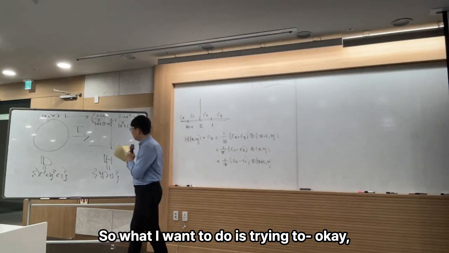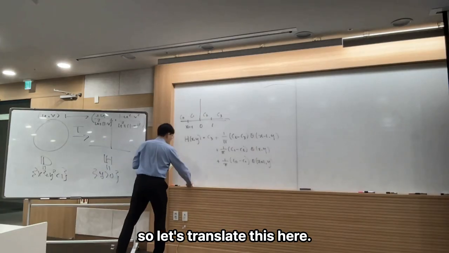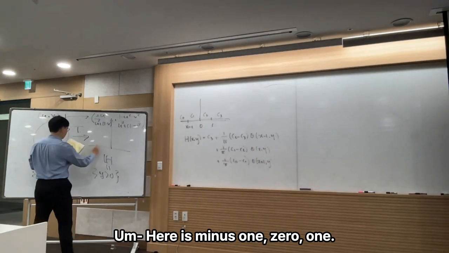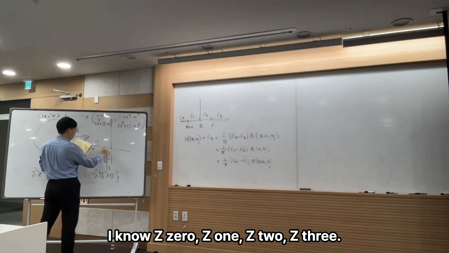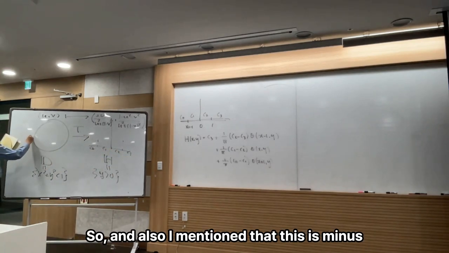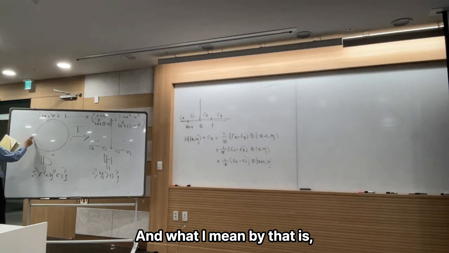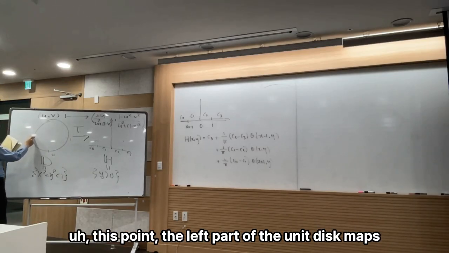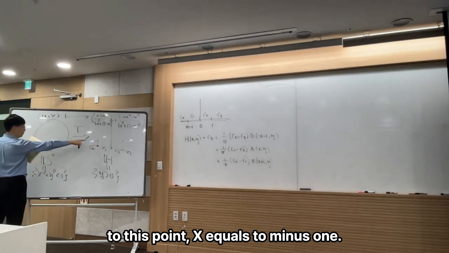So what I want to do is translate this here. Here is -1, 0, 1. I know C0, C1, C2, C3. And what I mean by that is, the left part of the unit disk maps to this point, x equals -1.